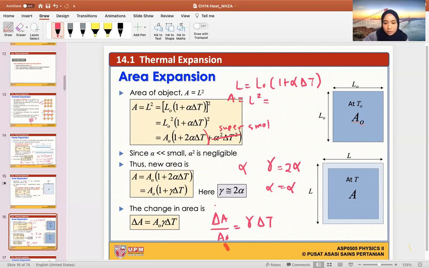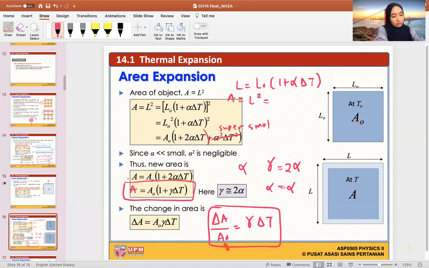So you have two equations: A new equals A original times 1 plus gamma delta T, where gamma is 2 alpha. It's almost 1 hour. Five more minutes and then we'll take a break.